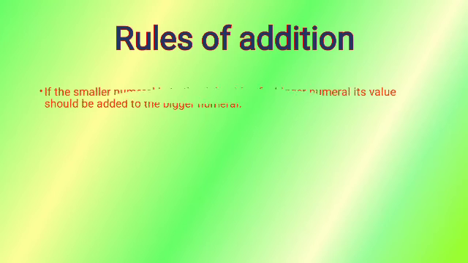Now next we are going to see the rule of addition. If the smaller numeral is to the right side of the bigger numeral, its value should be added to the bigger. So suppose two numerals are given. If the smaller is on the right side, then what you have to do is add both the numerals. So have a look at the example XV.